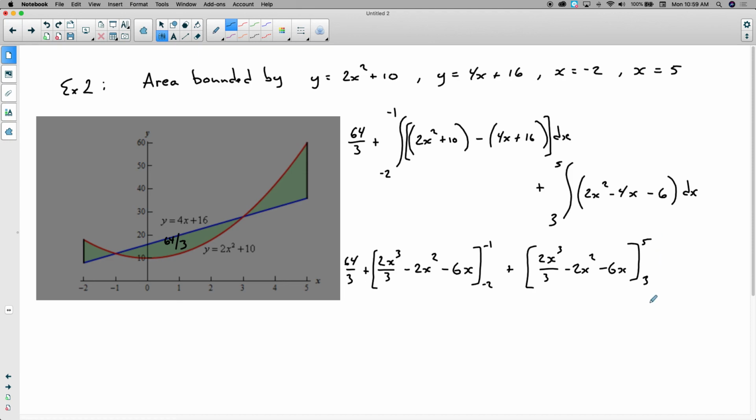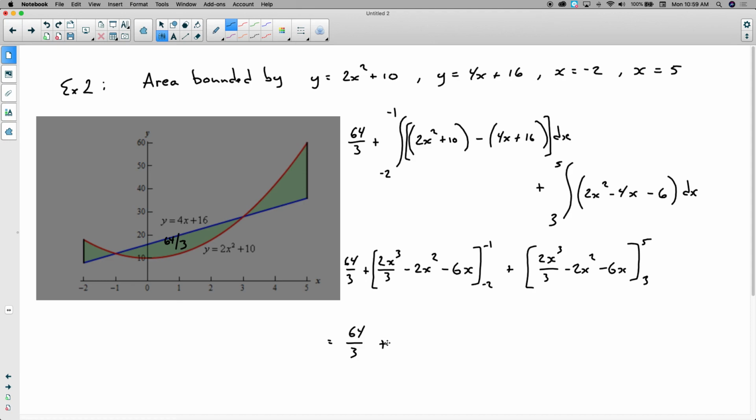Okay, so I really don't feel like doing the plug and chug on that one, and I think that I can certainly leave that to you to do. But what we get is our 64/3. That's the one that we sort of robbed from the earlier problem.